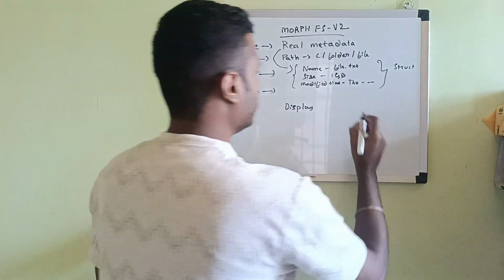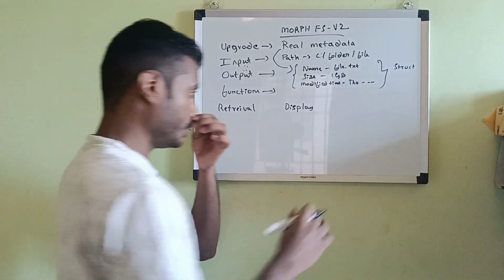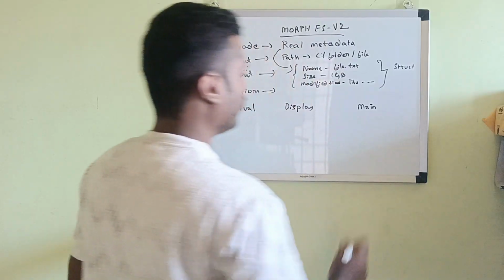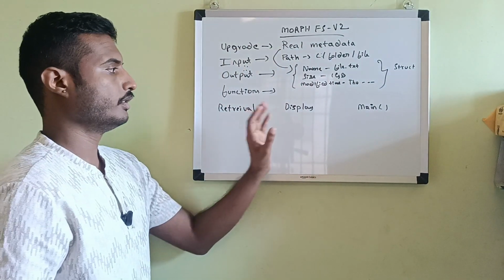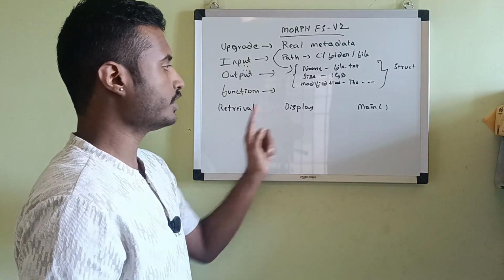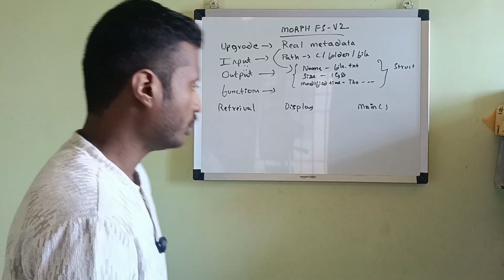Done. Next, main function. Every program should consist of a main function. For what? For getting user input, and to call these functions we need the main function, and also for global variables and all.